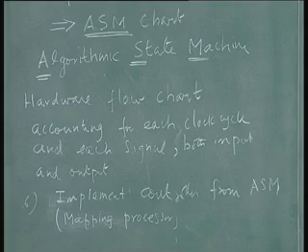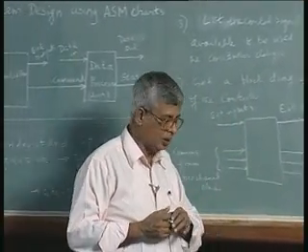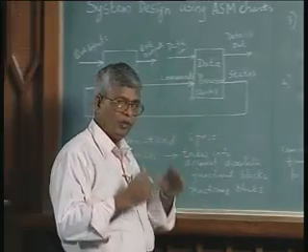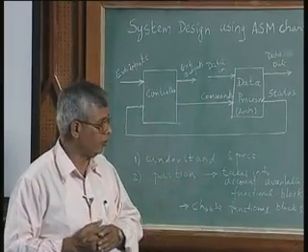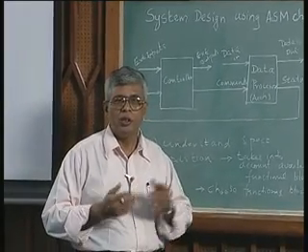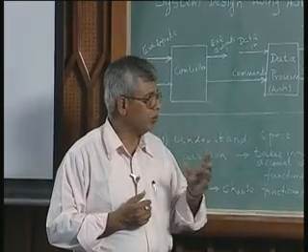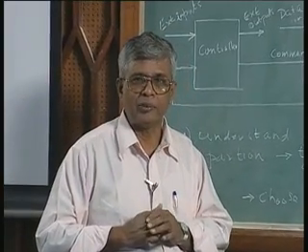So with this introduction, before we go to a few examples, before even going to the first example, I am going to give you some rules about drawing the state graph, the ASM chart. We know how to draw state graphs. The same rules can apply to the ASM chart, but then there are some specific conventions adopted in drawing an ASM chart.